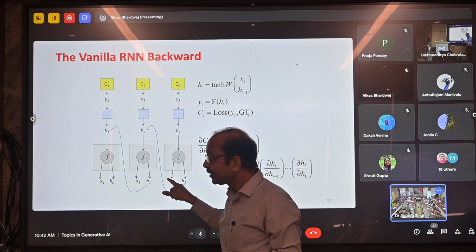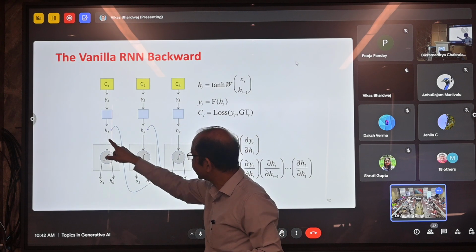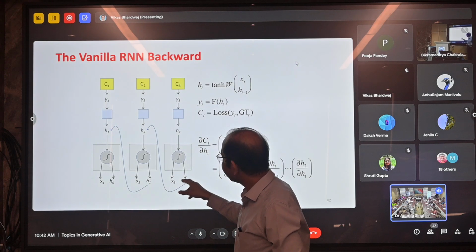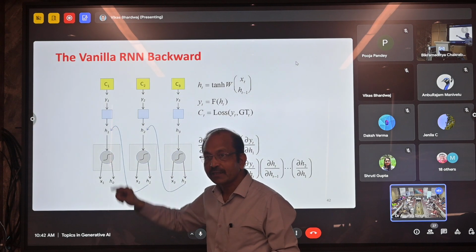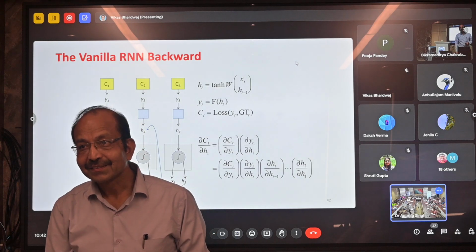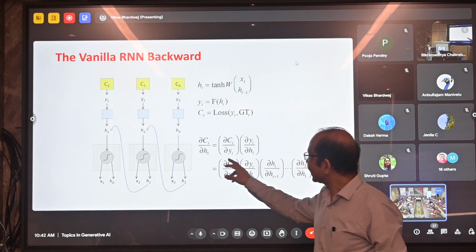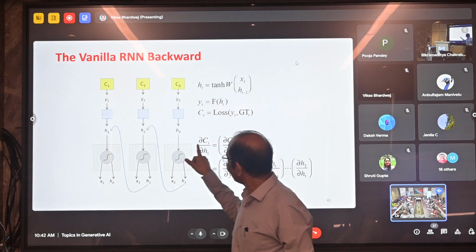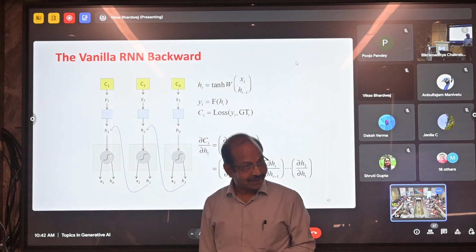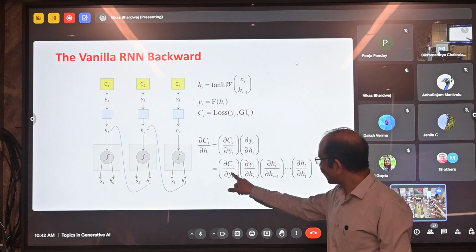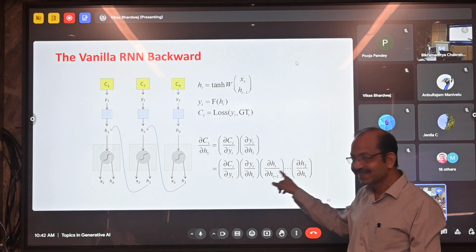H2. And this one is taking an input of H1. So do you think that H3 will be a function of H2 and H1 both? Yes or no? So you find that if you want to compute del C3 by del H1, you have to compute this, yes or no?